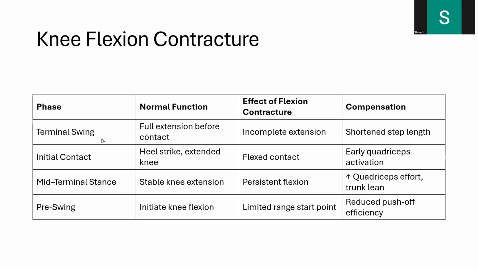In initial contact, the normal function is heel strike and extended knee, and the effect of flexion contracture is flexed contact. Partial recovery even to 15 degrees of contracture is desirable, because restoring passive extension to 15 degrees of flexion allows loading response and pre-swing phase. Previously, with 30-degree flexion contracture, all gait phases were affected.